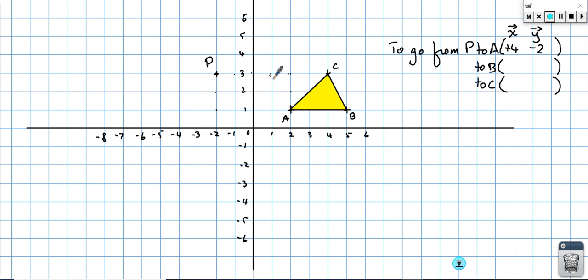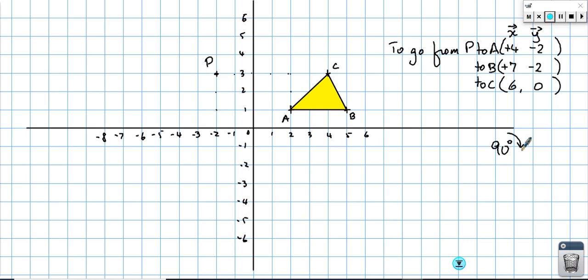So moving 4 to the right and 2 down, I get to A. Moving 7 to the right and 2 down, I arrive at B. To arrive at C, I need to move 1, 2, 3, 4, 5, 6 and remain where I am vertically. So that's (6, 0).